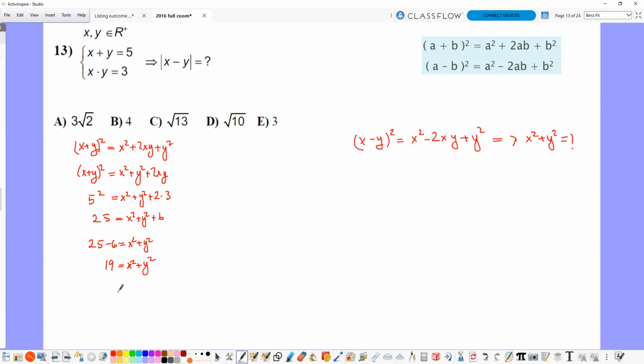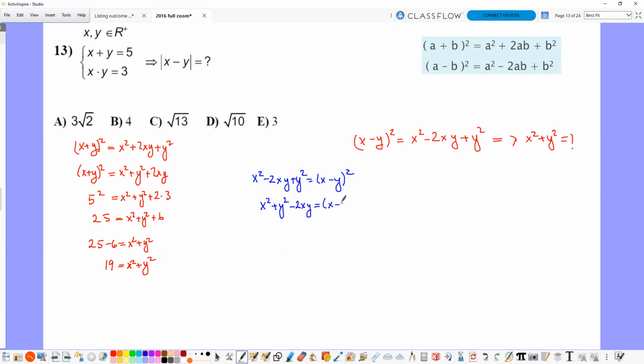So I found x squared plus y squared. Again, I'm repeating here. To get x minus y, I know that x squared minus 2xy plus y squared is equal to x minus y squared. This is the formula. And I know now x squared plus y squared, what it is, and I know what x times y is.